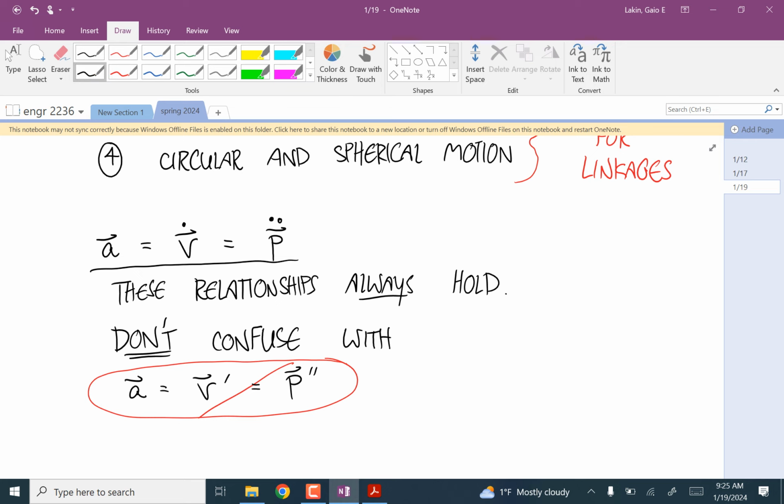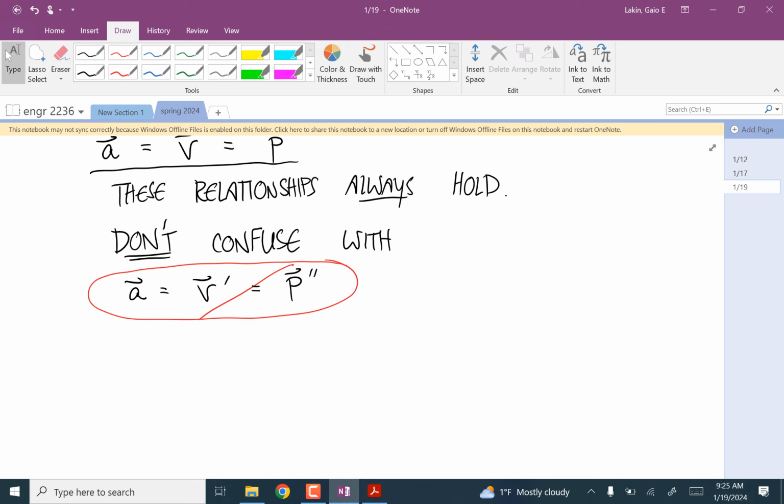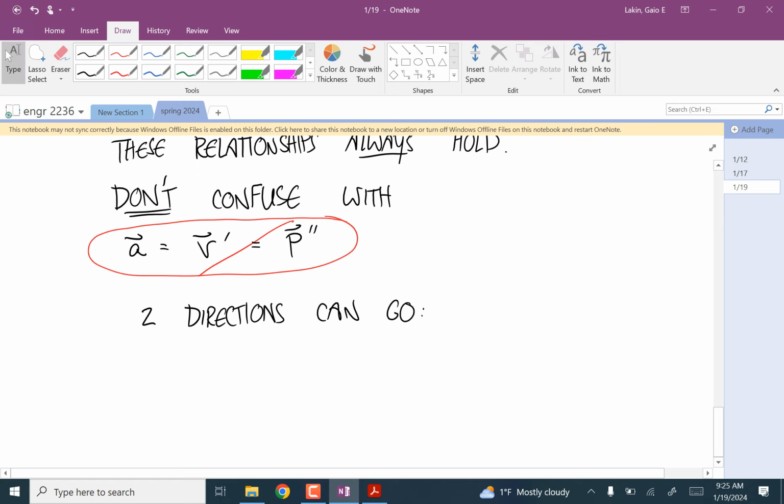Okay, well, with these relationships, there's two directions you can go. If you're given the position, you can go to velocity and/or to acceleration.